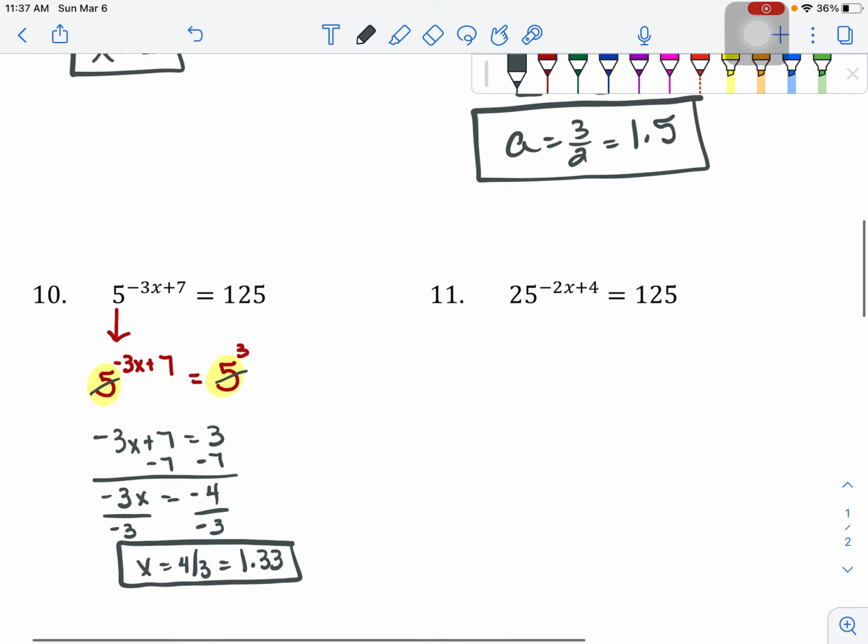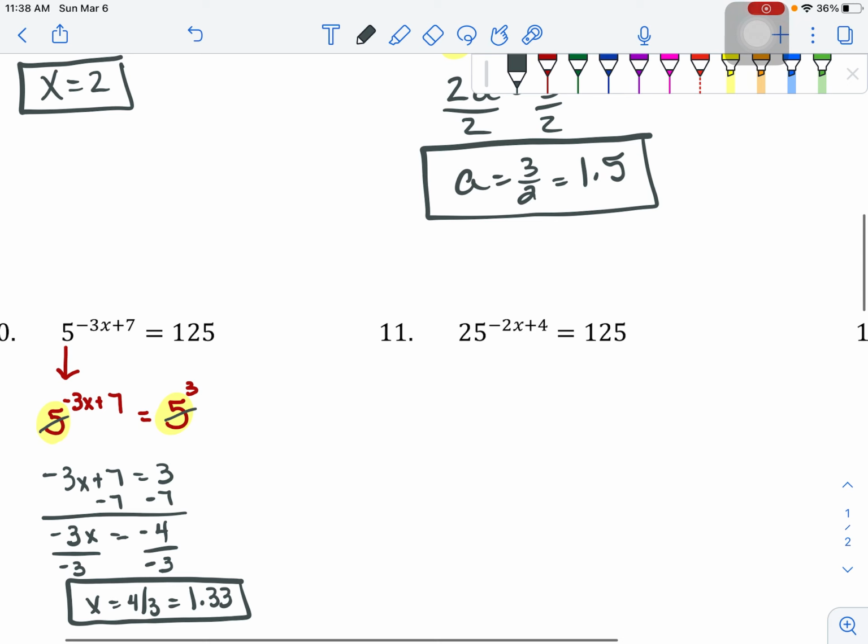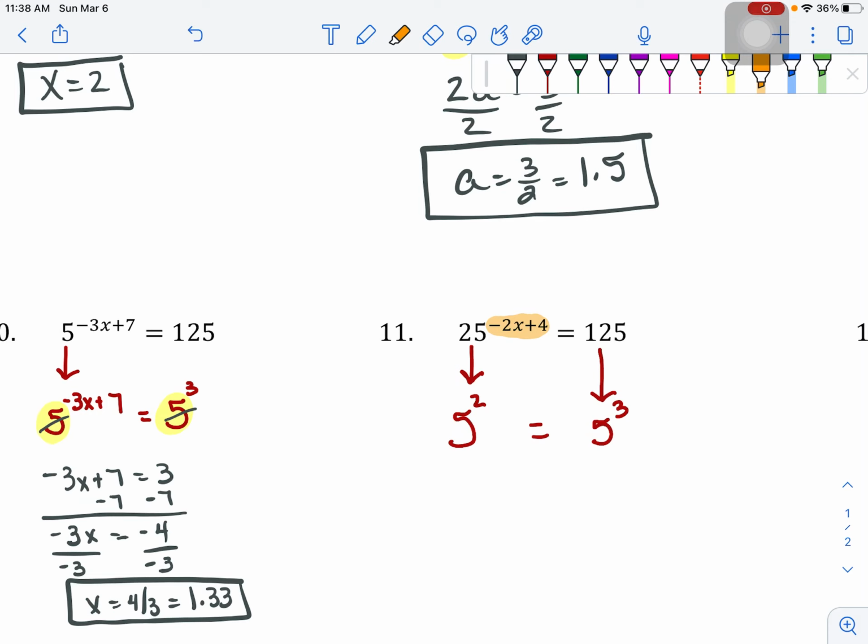2 more to do. Ooh, a 25 and a 125. I just did a 125 as a 5. Could I change both of them? Probably. So 25 is 5 squared, and 125 is 5 cubed, right? But remember, we still have this attached to the 25. You need to keep that, and we will multiply. So now I have the bases the same.